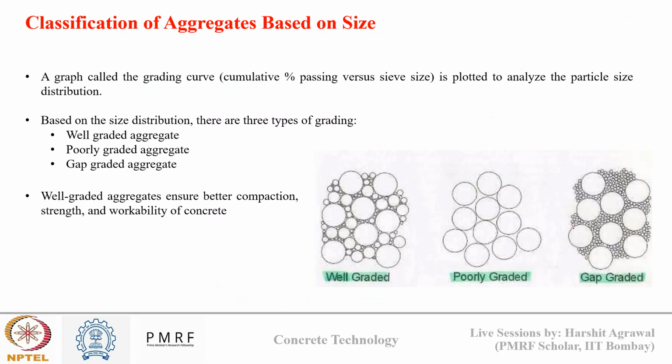And now, once from the sieve analysis we get the information of how much aggregate is passing and how much is retained, we plot a grading curve, which is cumulative percent passing versus sieve size. On the x-axis we have different sieve sizes, and on the y-axis for each particular size, the cumulative passing.